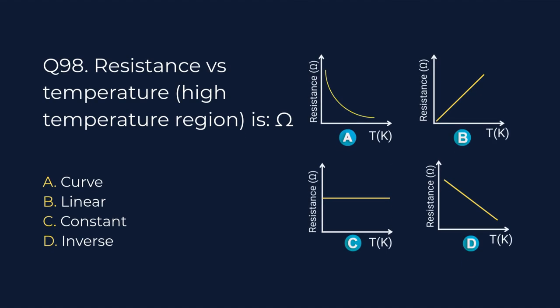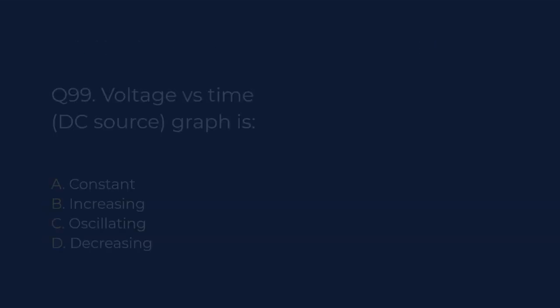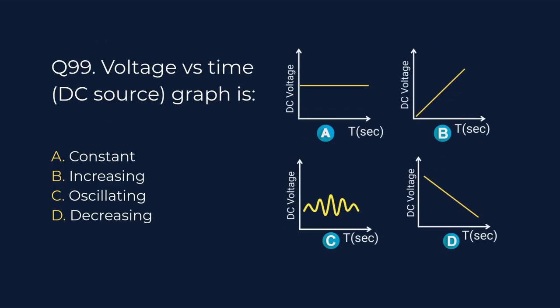Question 98. Resistance versus temperature at high temperature range is option A curve, option B linear, option C constant, option D inverse.